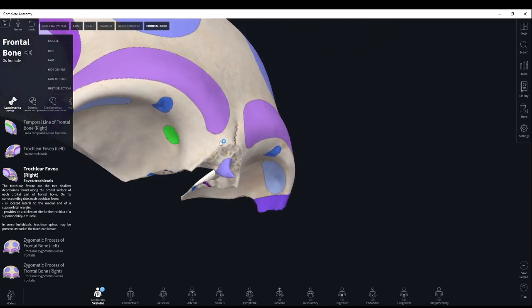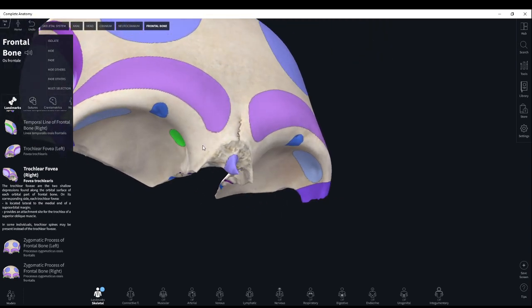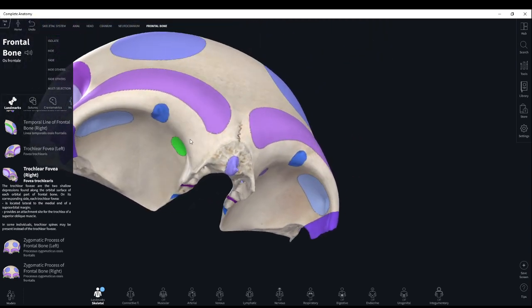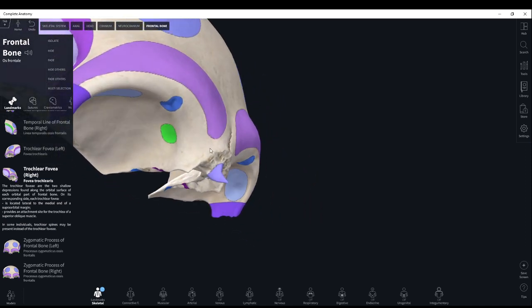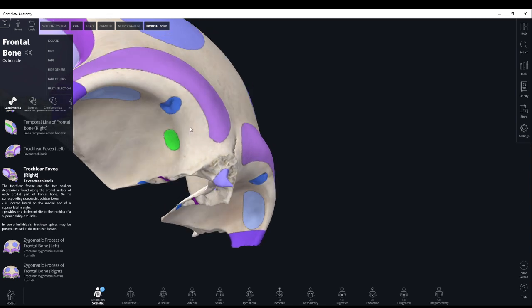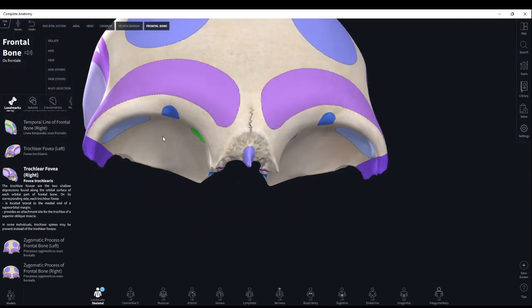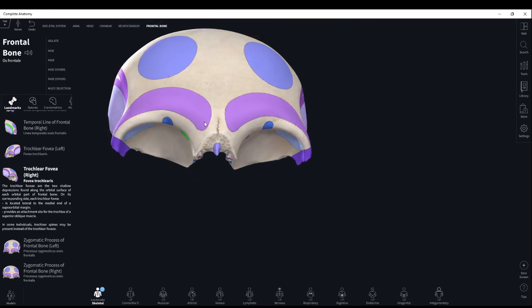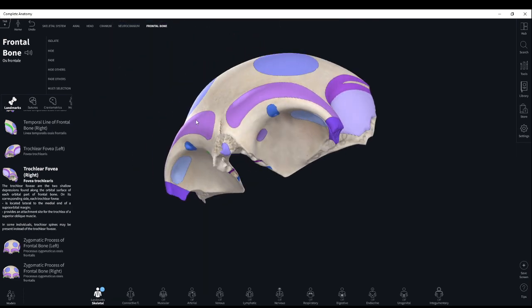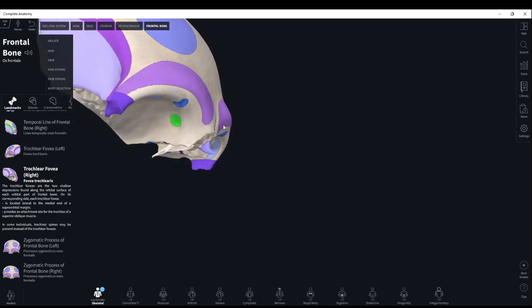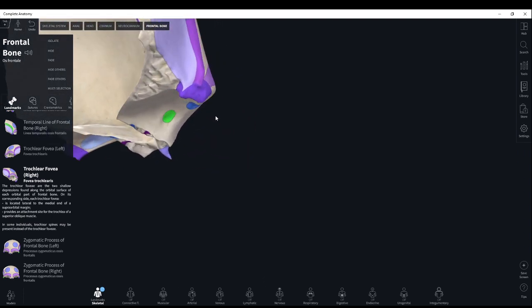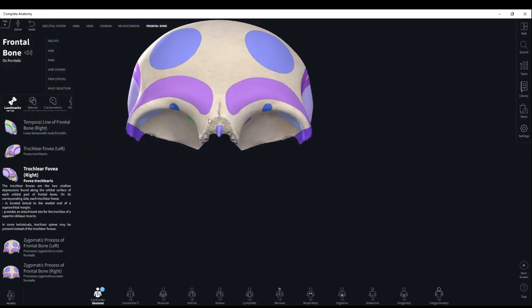Each trochlear fossa is located lateral to the medial end of a supraorbital margin and provides the attachment site of the trochlea of the superior oblique muscle of the eye. In some individuals a trochlear spine may be present instead of the trochlear fossa.